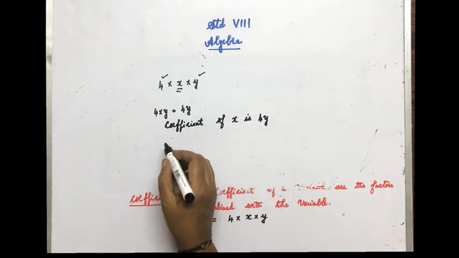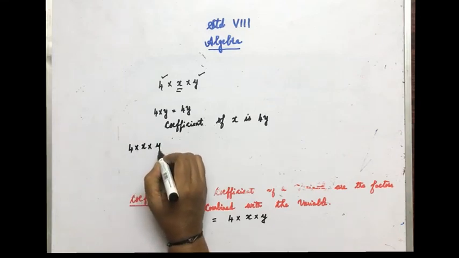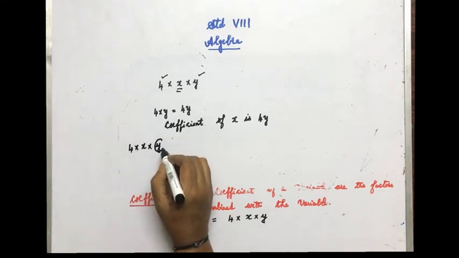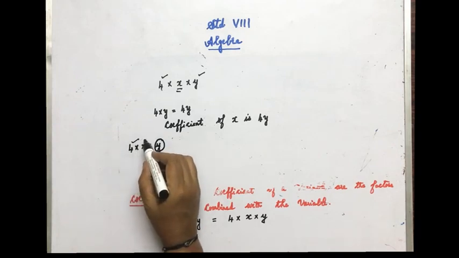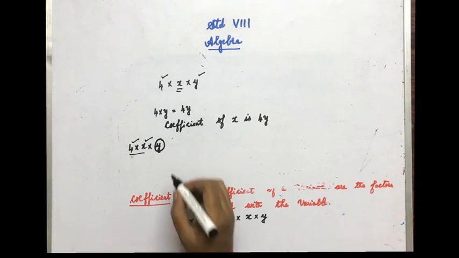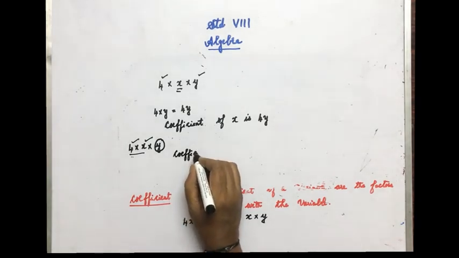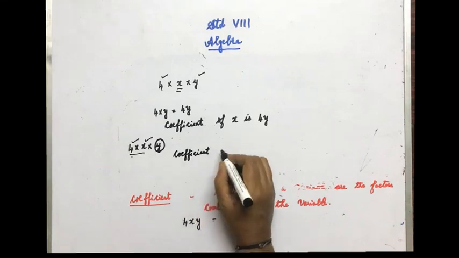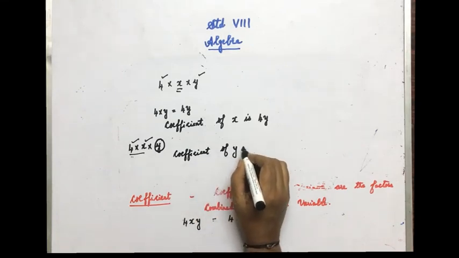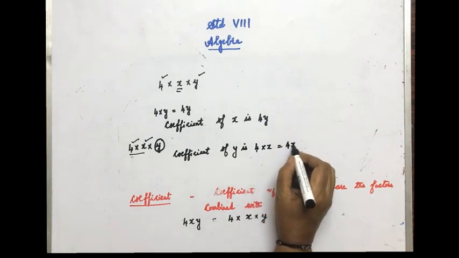If we want to write the coefficient of y, so 4 into x into y, the other factors combined with this y. What are the other factors? 4 into x. So the coefficient of y is 4x.